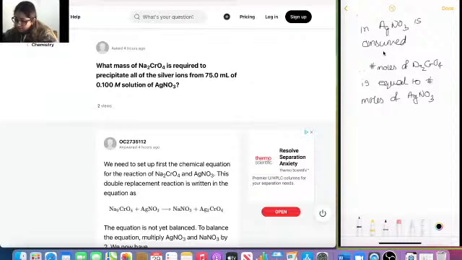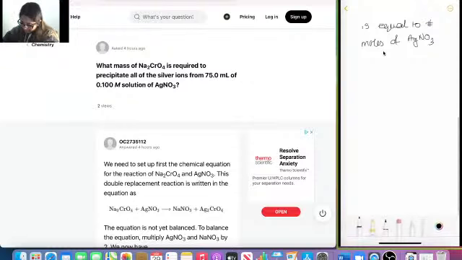And so our first step here is to find the moles of silver nitrate, okay? So number one, find moles of silver nitrate.